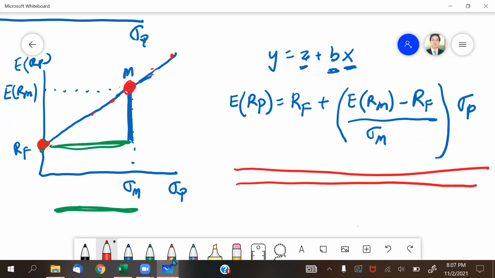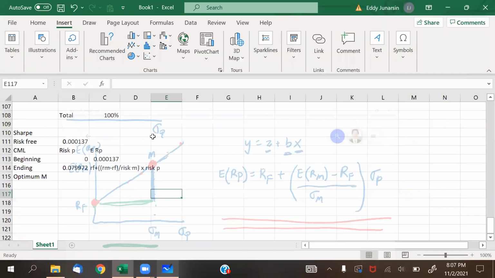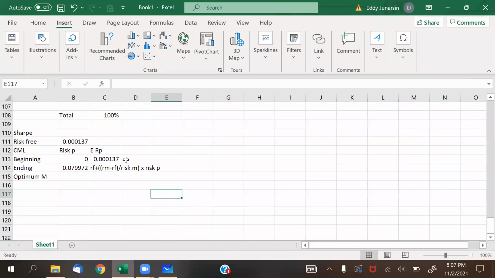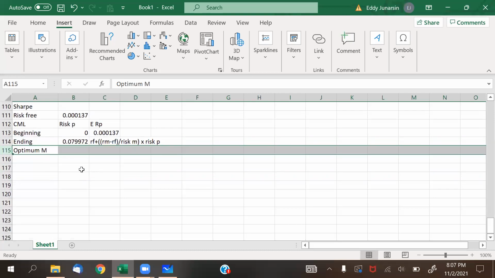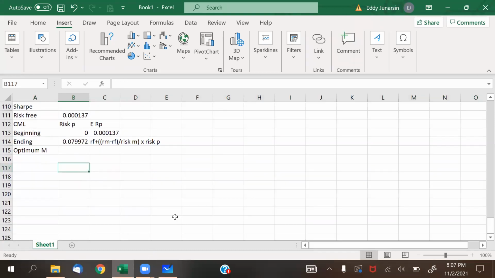To determine M, the optimal market portfolio, we need to know, like what we did previously with Markowitz, how much proportion to allocate in stocks 1, 2, and so forth.